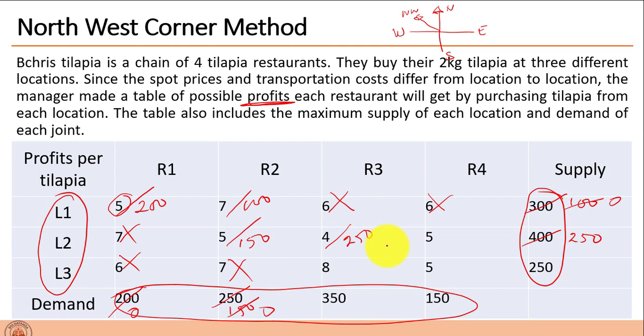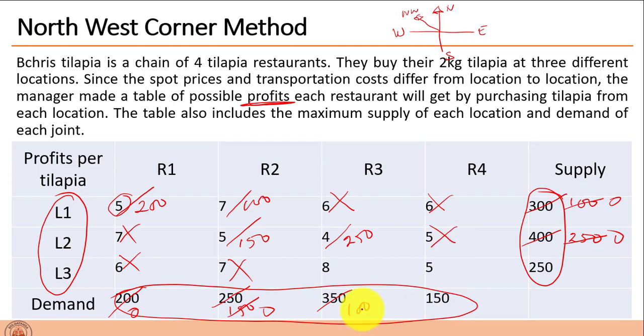So give all to restaurant number 3 and empty your stock. Restaurant number 3 will still need 100 more. We can get that from warehouse number 3. In the second case, in warehouse number 2, we can cancel this, because there is nothing in warehouse number 2 that can supply restaurant 4 again.